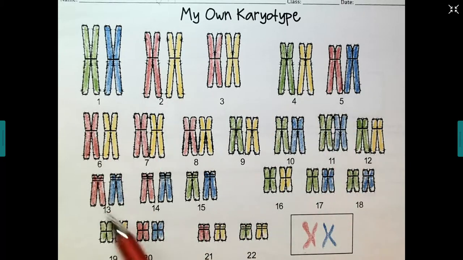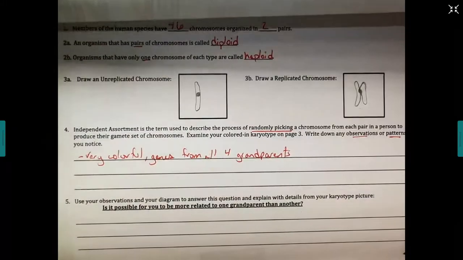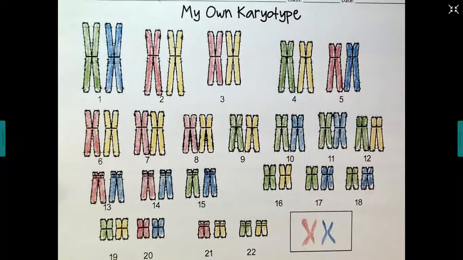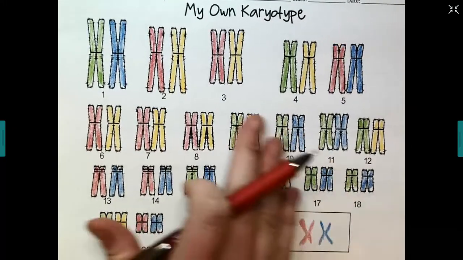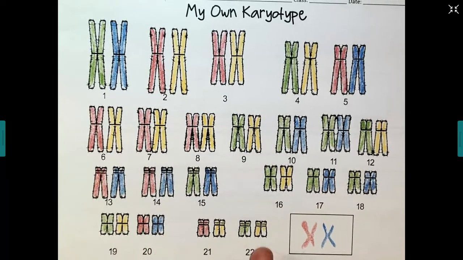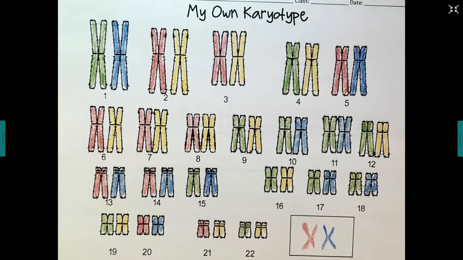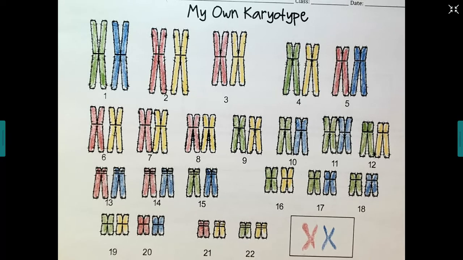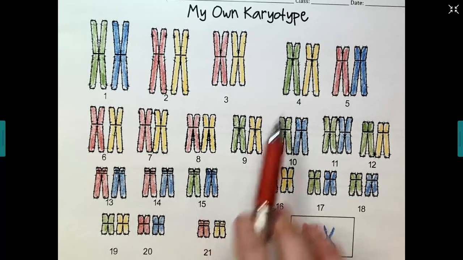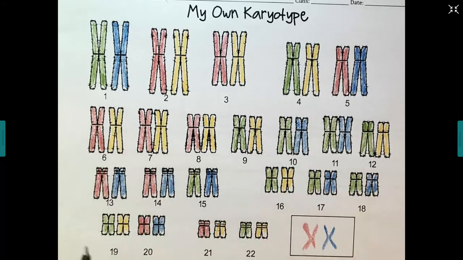So I've got all 4 of the colors represented here in my karyotype. Any other observations? I feel like if I went through and counted how many chromosomes were yellow and green and blue and red, I don't think it would total exactly 25%. I think there's a little bit more green here than there is of the red.